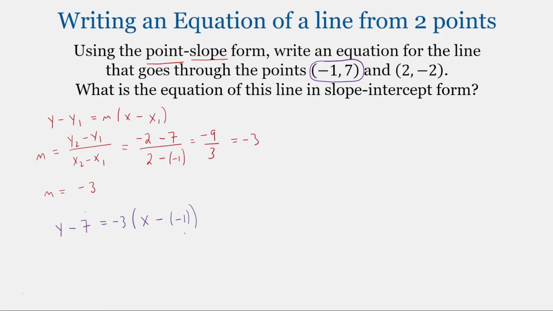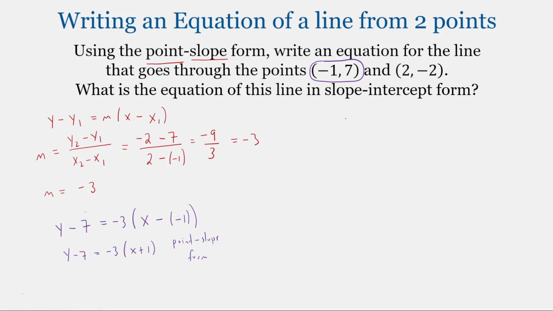So there is an equation in point-slope form. I will simplify this equation to get rid of this subtraction of a negative. So we have y minus 7 equal to -3 times (x plus 1). And so this is an equation of that line in point-slope form.